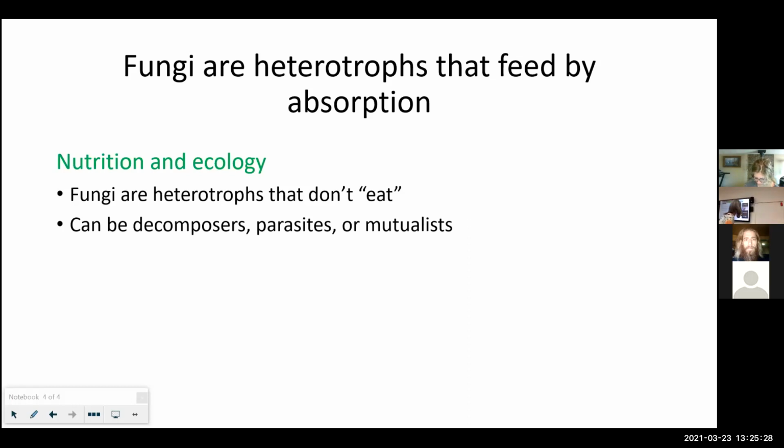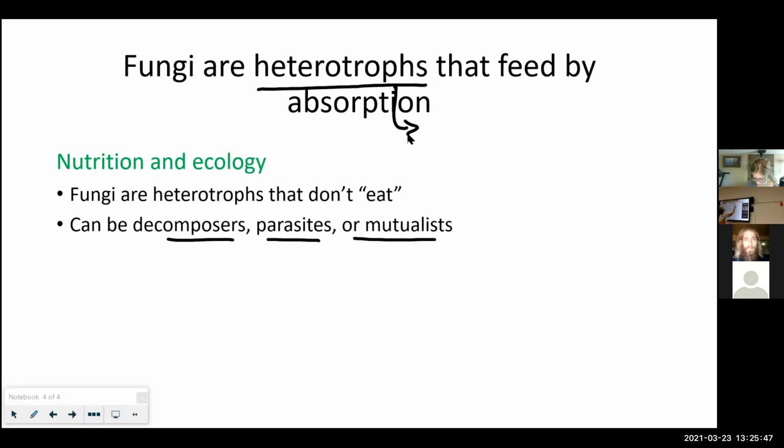And it would be great to see some of that vocabulary in your field notebook entries. So heterotroph, decomposers, parasites, mutualists.